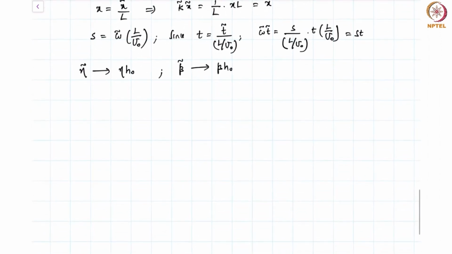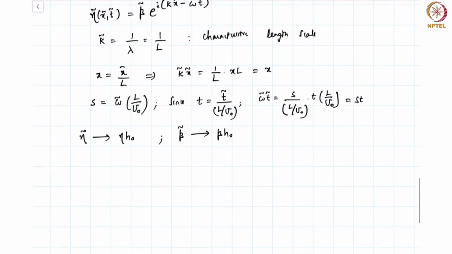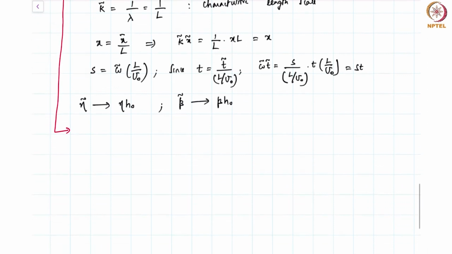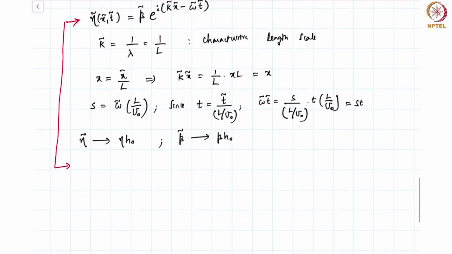So my equation essentially becomes the amplitude equation instead of eta tilde. So I'm referring to this equation here. Eta tilde essentially becomes eta, beta e power ix plus st. This is the way I've defined my equation.